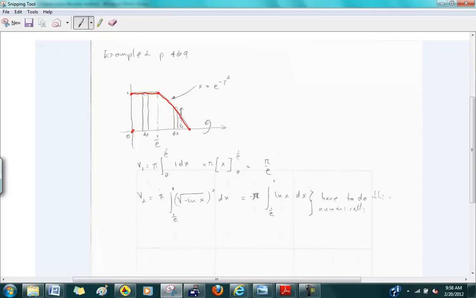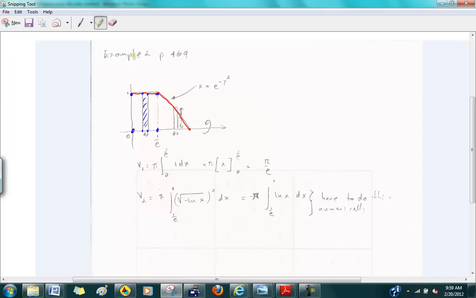So here's my representative rectangle, and it gets rotated about the x-axis. Notice that in order to generate the volume, I have to break it up into two pieces, because one piece is for this region here.